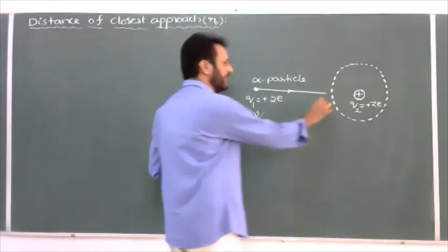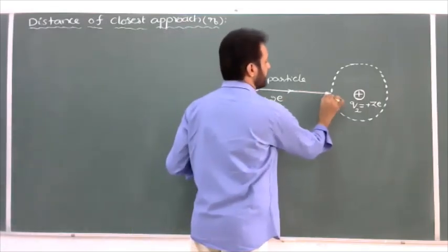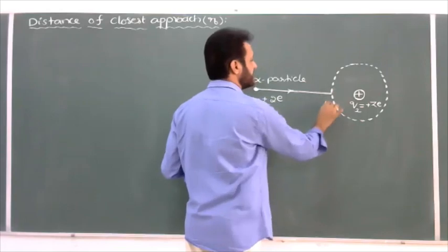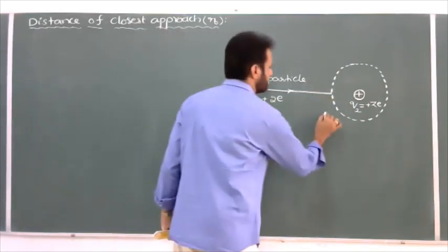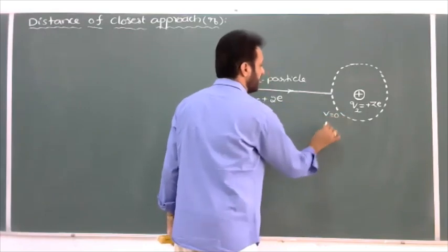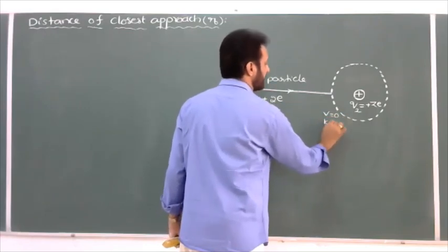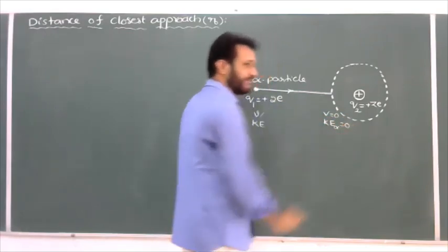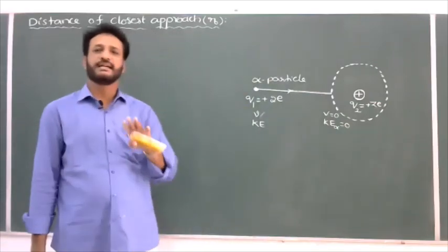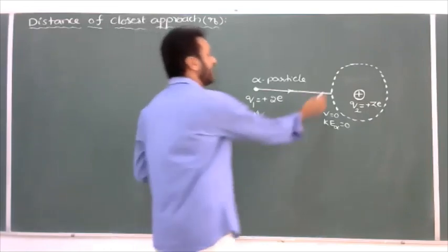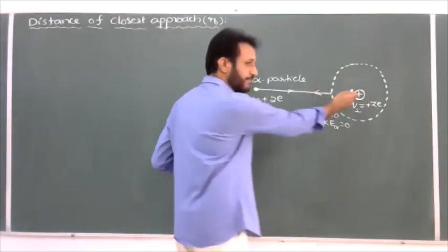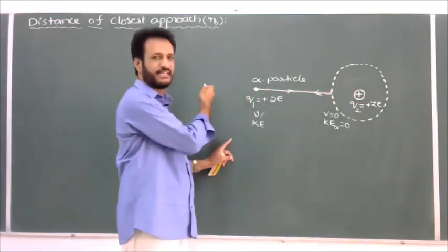At a certain moment, the total kinetic energy of the alpha particle becomes zero. So the velocity of the alpha particle is equal to zero, and hence the kinetic energy also equals zero. For a moment the alpha particle will be stopped, and then it will retrace its path, moving backwards along the same path at a 180-degree angle.